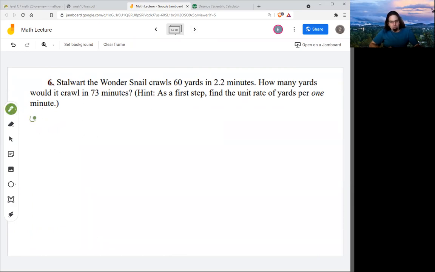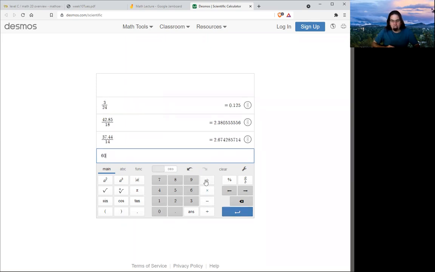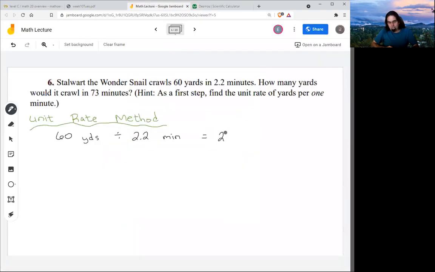I'll do it the unit rate method first, because that's what the hint says. 27.27.